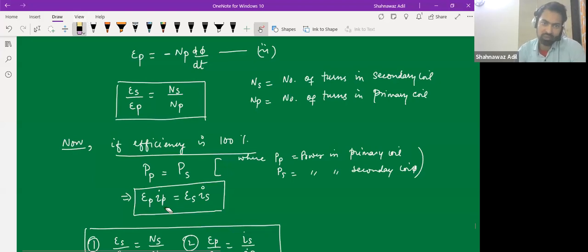And remember, I have written here in the form of peak voltages and peak currents. But we can also write it in RMS, so this we can also write as VPRMS, IPRMS, equal to VSRMS and ISRMS. We can write this because these are ratios, so ratios would be equal.